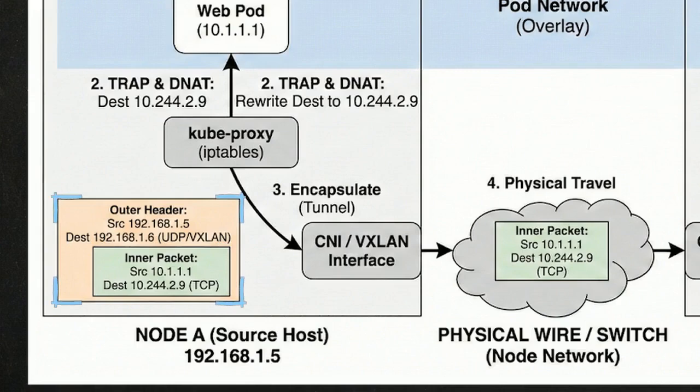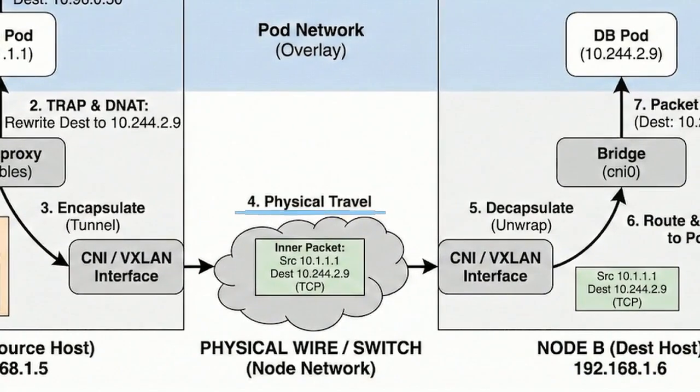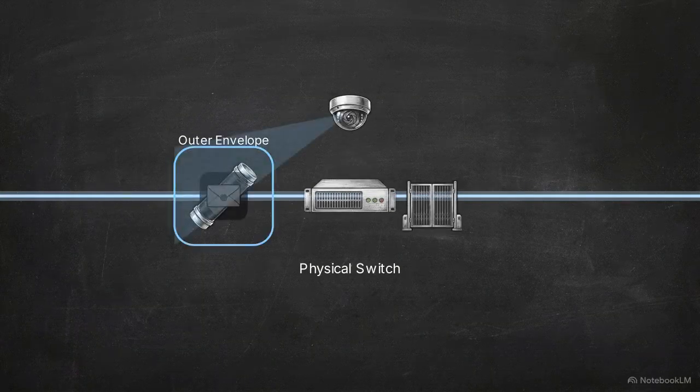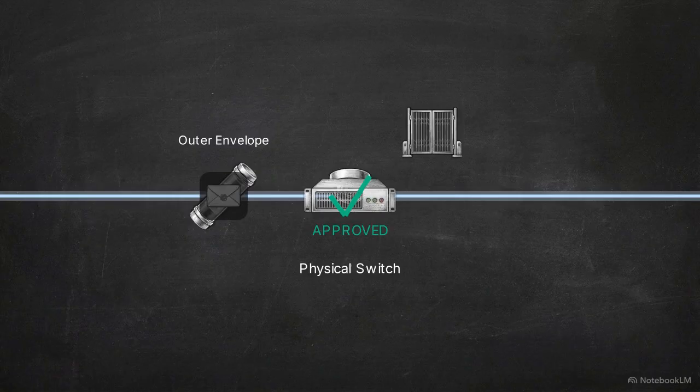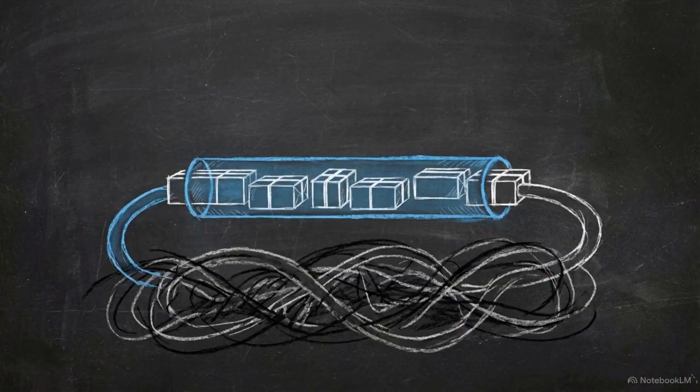The outer header conceals that data, displaying only the physical addresses of Node A and Node B. The encapsulated packet then travels across the physical data center switch. The switch only reads the outer envelope. It sees a standard UDP request from one physical server to another, finds a valid route, and blindly delivers it. Encapsulation is the definitive mechanism that allows a software-defined overlay network to operate invisibly over standard physical infrastructure.